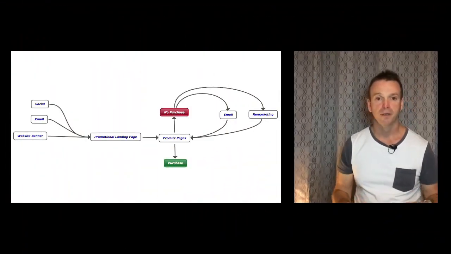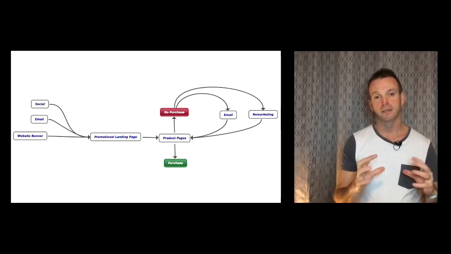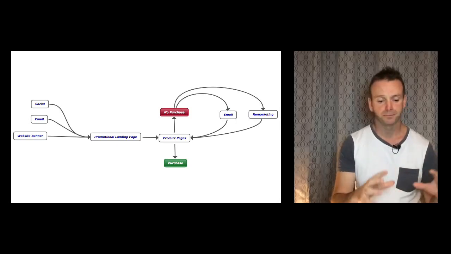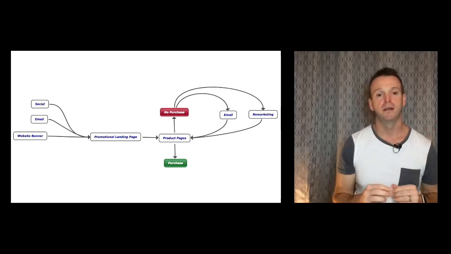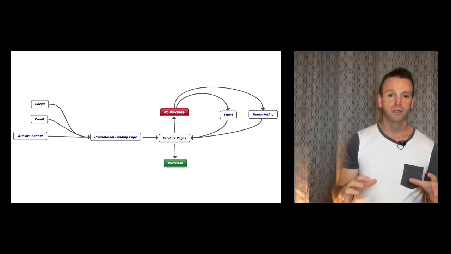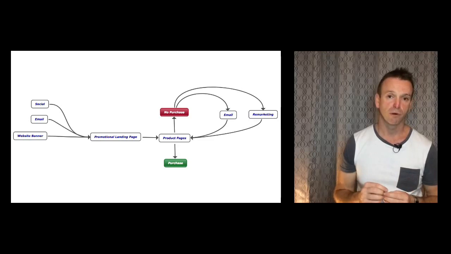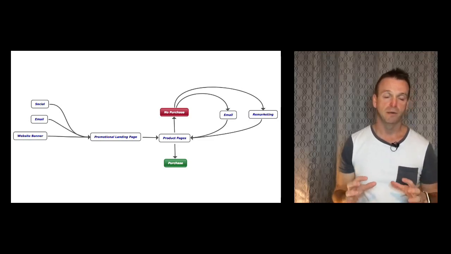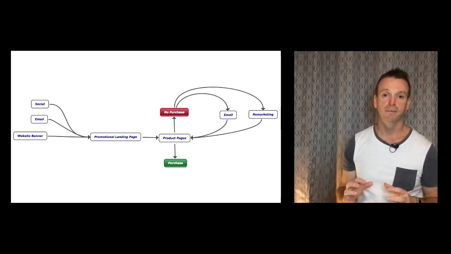So I'll jump straight in. Last week we covered the discount promo campaign strategy, and so that you can see part of that, I'll bring that up. What that basically outlined was that we'll take a number of channels and feed them into the campaign landing page. We'll then drive them through to the product pages that will be featured in that campaign.